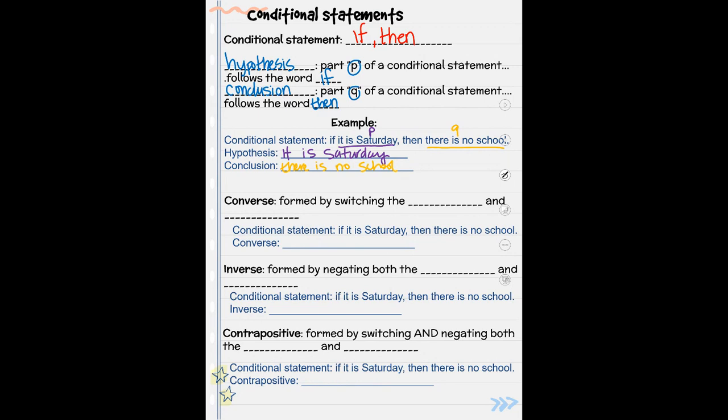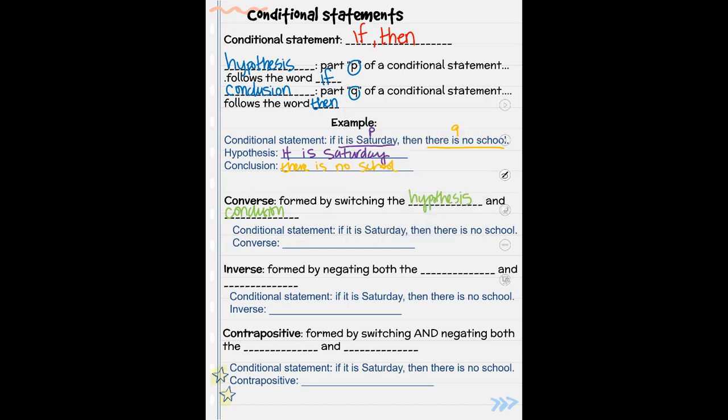And they're all coming from our conditional statement. Our converse statement is formed by switching the hypothesis and the conclusion. Let me back up.